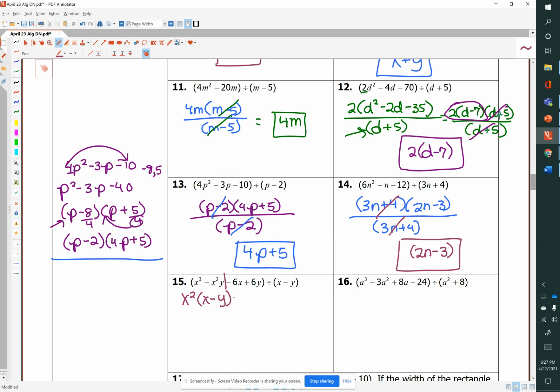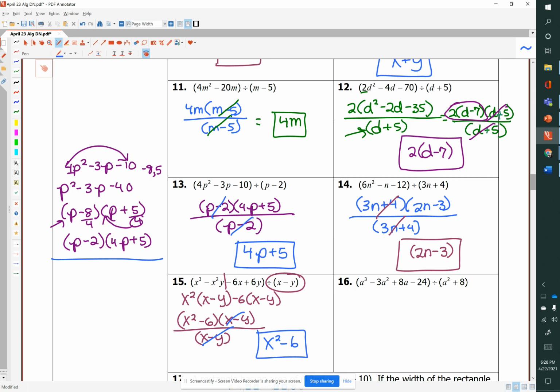And here we can pull out a negative 6, and we'll have x minus y, which will give us x squared minus 6 times x minus y, and that is being divided here by x minus y. And then let's cancel the common factors, and what is left is x squared minus 6.